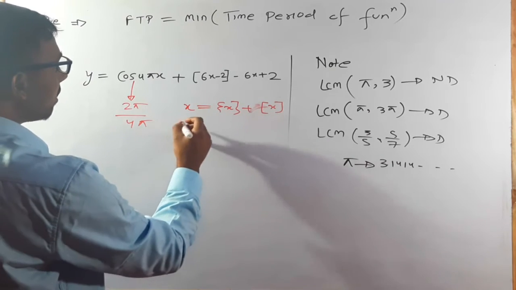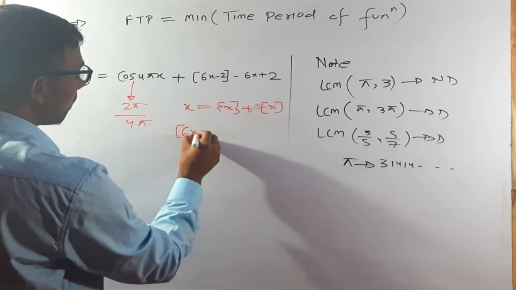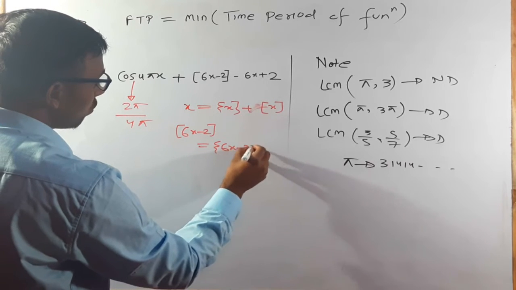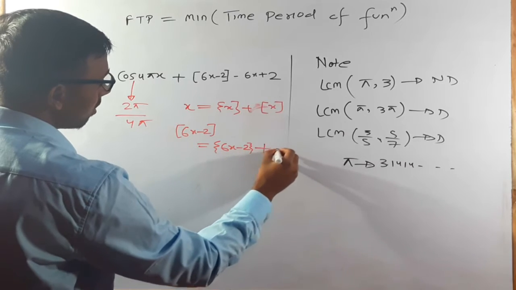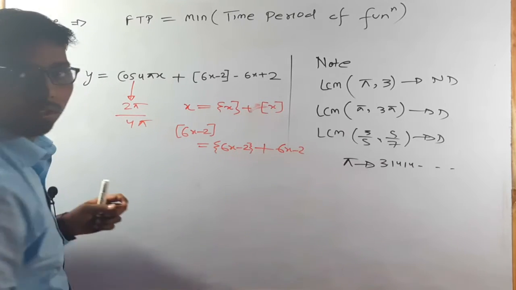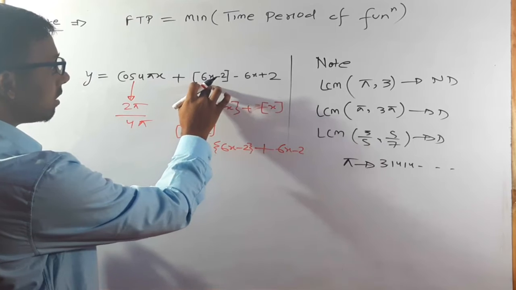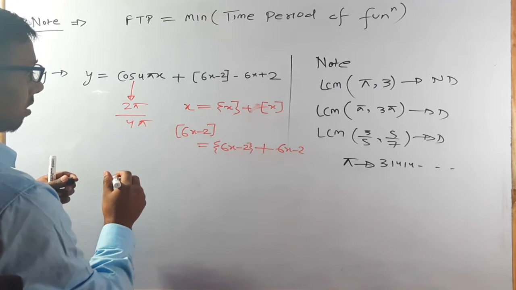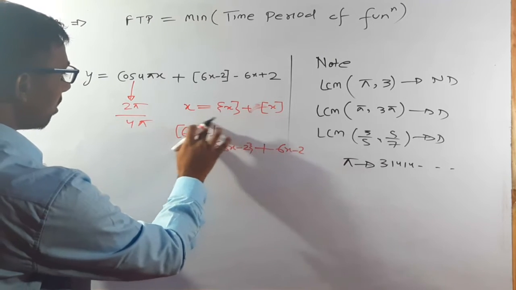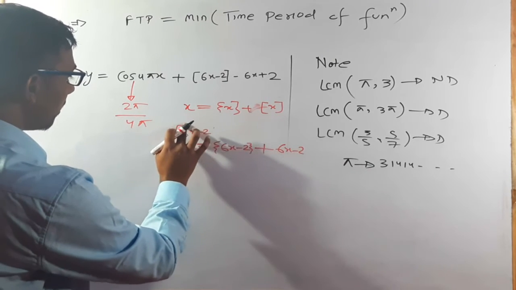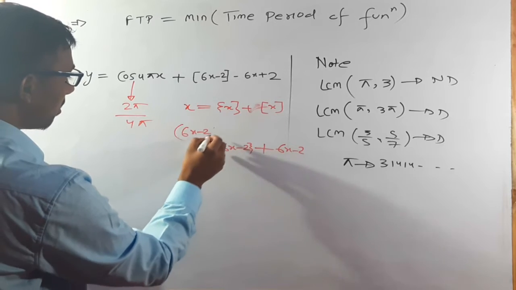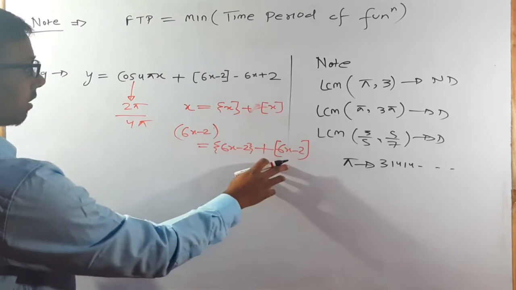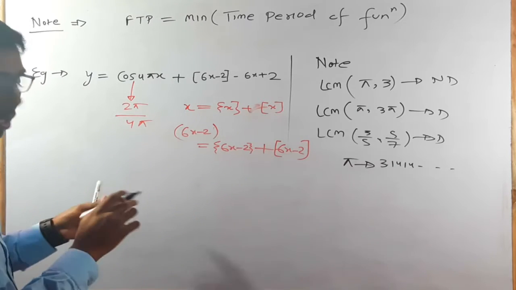With the help of this, we can replace 6x minus 2 as the fractional part of 6x minus 2 plus the integral part of 6x minus 2. Sorry, I've written it wrong here. It is going to be like this: fractional plus integral part of x is equal to 6x minus 2. This is how we can write it.